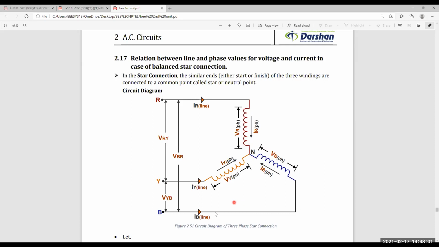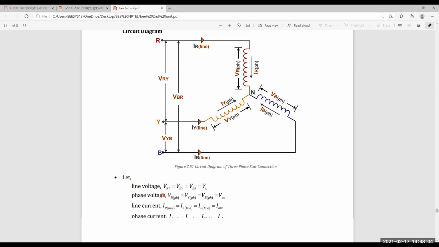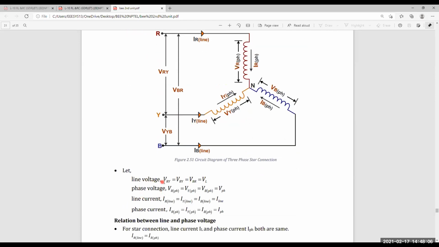Line voltages VRY, VYB, VBR are equal to VL, and phase voltages VR phase, VY phase, VB phase are equal to V phase.